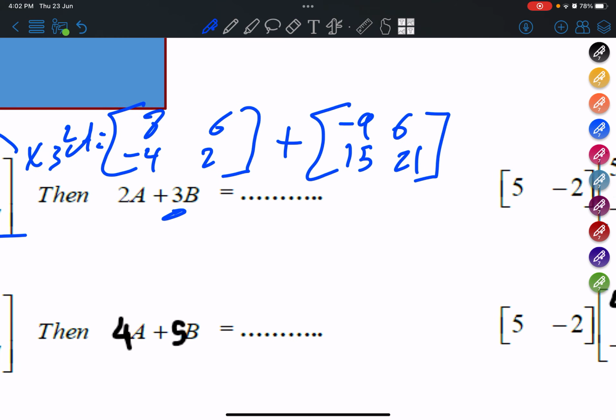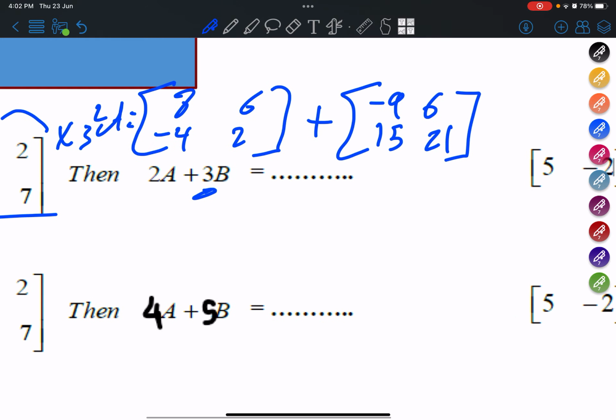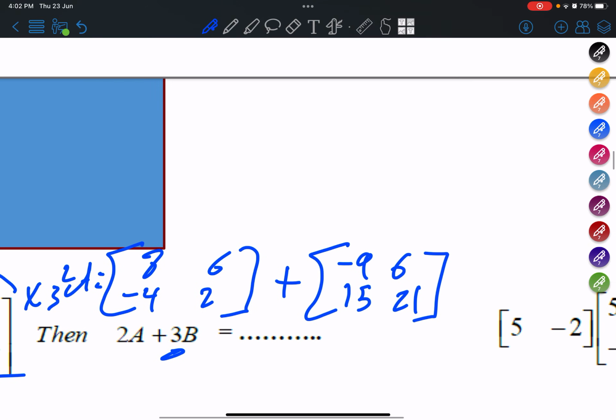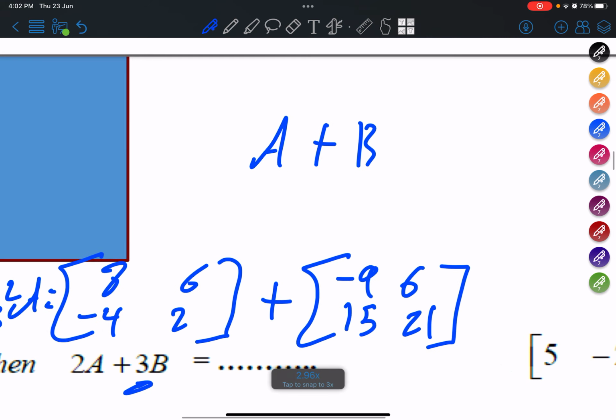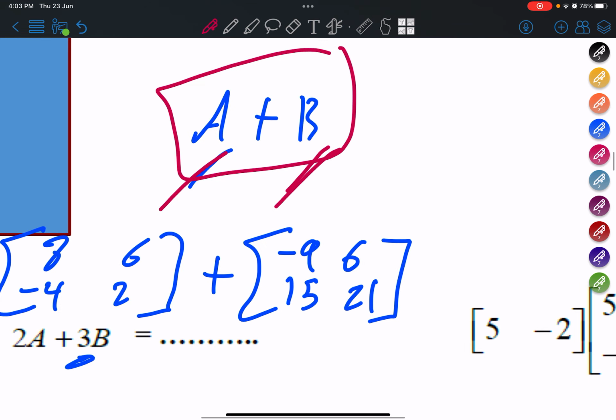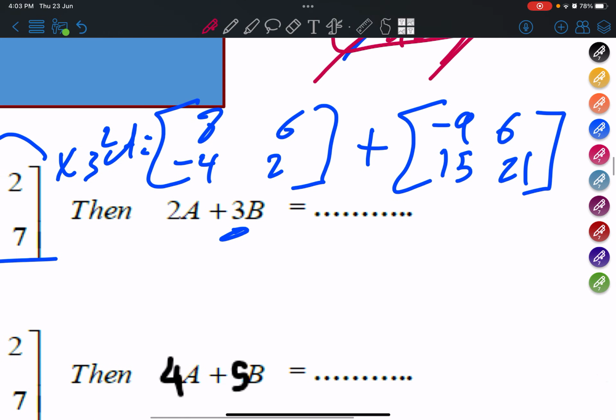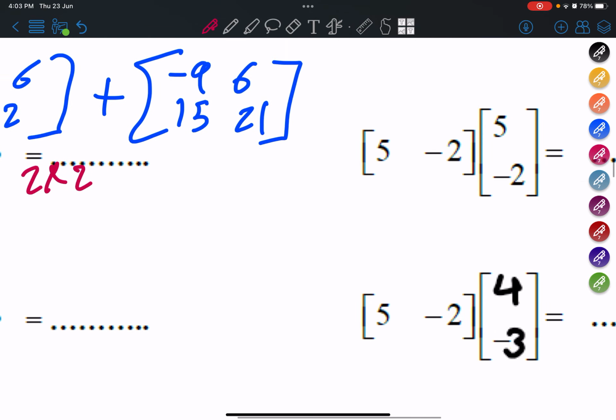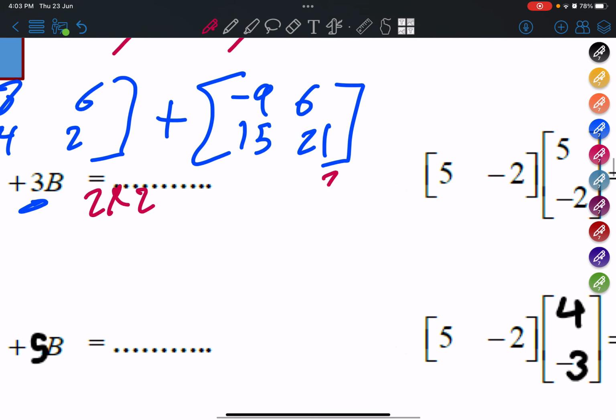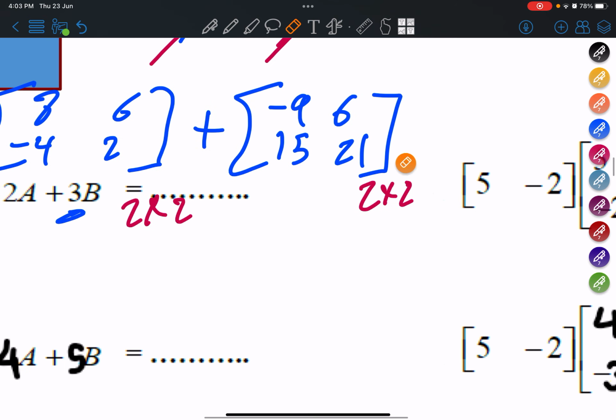Okay, so here we can now just add the elements with each other. If you say matrix A plus matrix B, their order must be identical to each other. So in case this was 2 cross 2, matrix B's order should also be 2 cross 2. In this case, this is 2 cross 2. The second matrix order is also 2 cross 2, which means they are conformable.